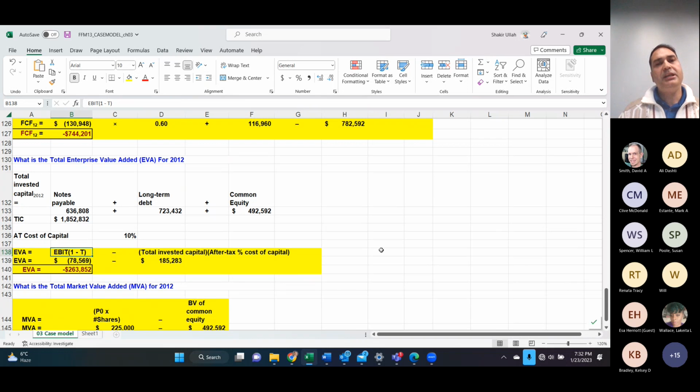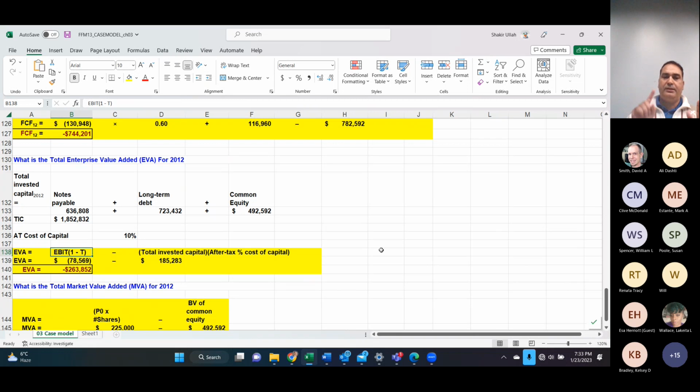And where does the money come from for this enterprise? Either you invest your own money or you borrow it or you get it from shareholders. Let's imagine that you've borrowed $1 million at 10% interest rate for the business, okay? So how much is the cost of the capital that you're using? $1 million. That's the only money that you're using.